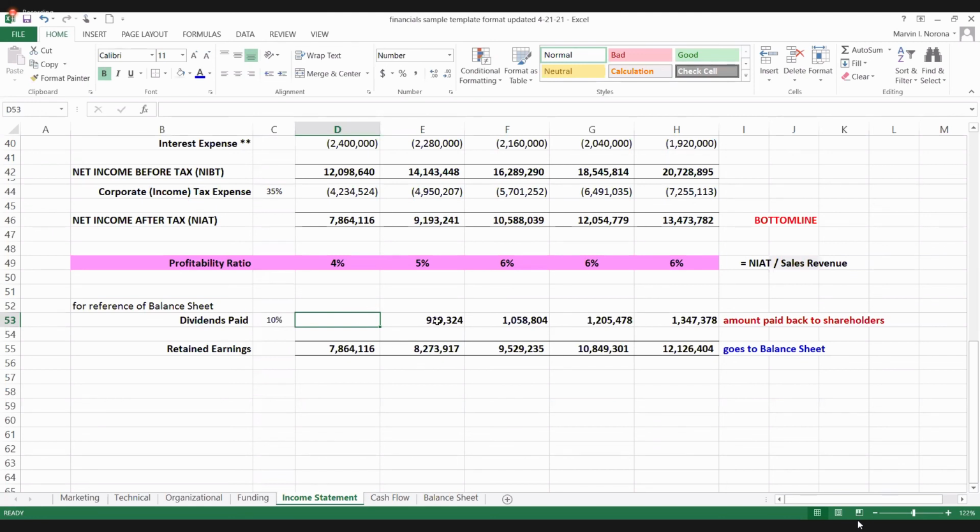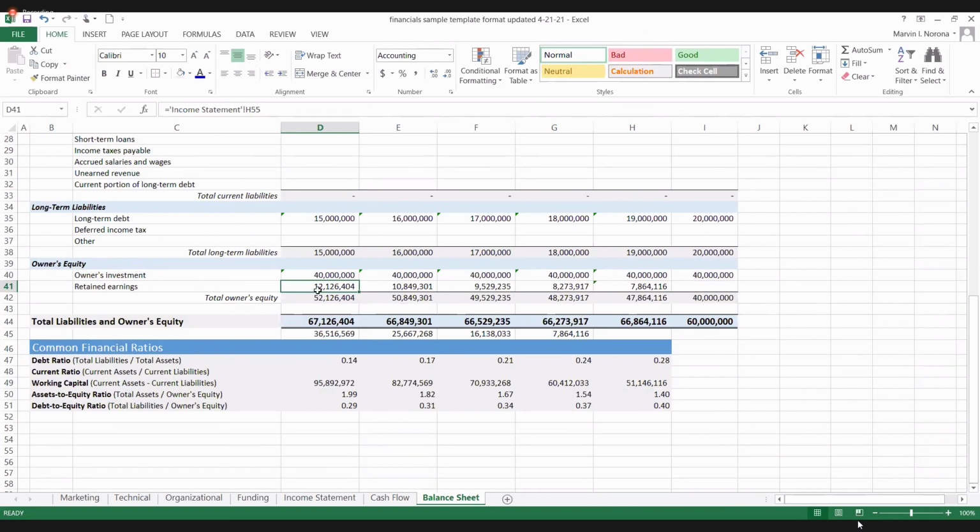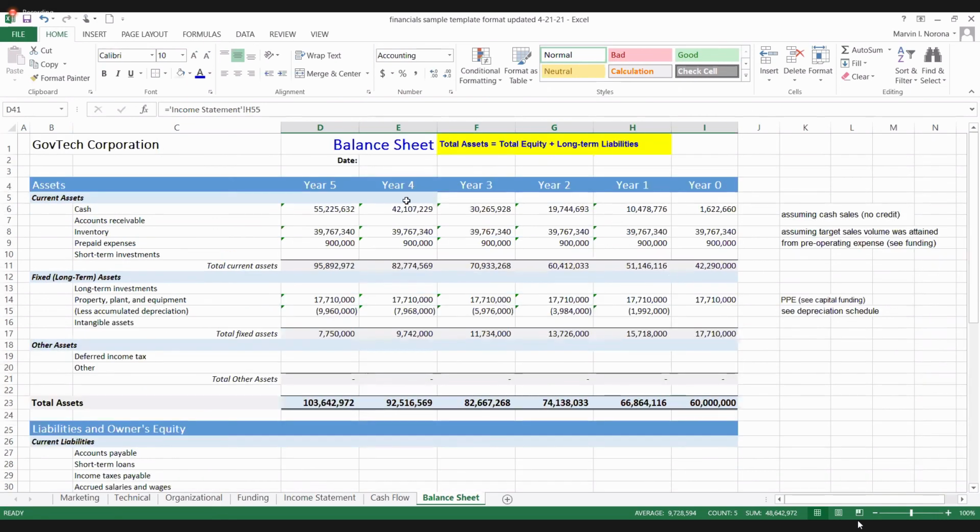So nag-assume na lang ako ng second, third, fourth, and fifth year magbabayad ng dividend. If you subtract them from your net income after tax, ang tawag doon ay retained earnings. And that goes to the balance sheet, the third financial statement. So pupunta yun sa retained earnings. Dito yun. Baliktad lang siya kasi year zero rito.